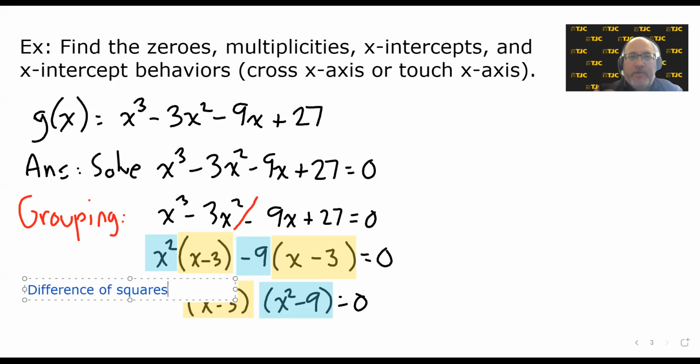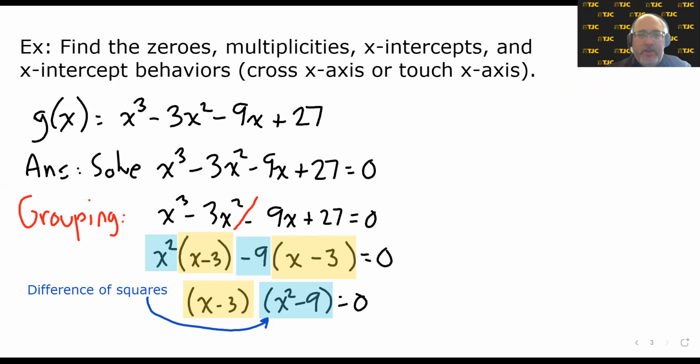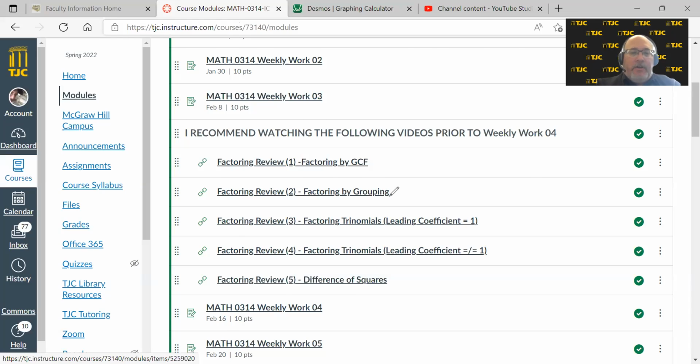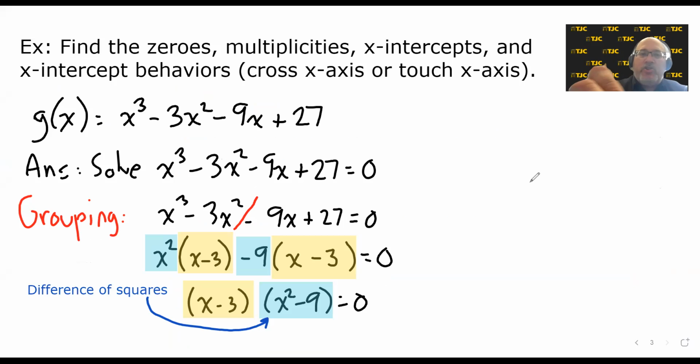Difference of squares. Now let's draw that blue arrow to it again. Difference of squares being the last factoring technique that was covered here. Factoring review 5, difference of squares. As a difference of squares, you can factor it.